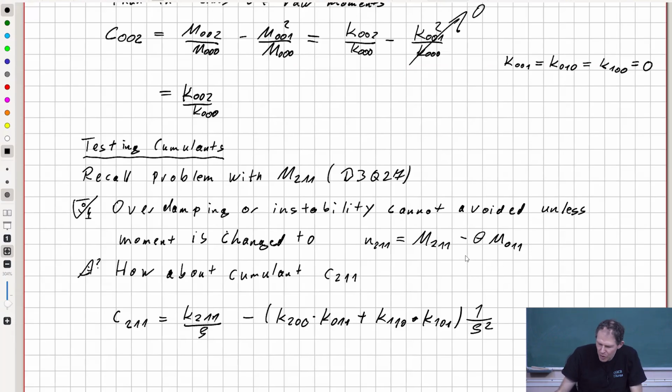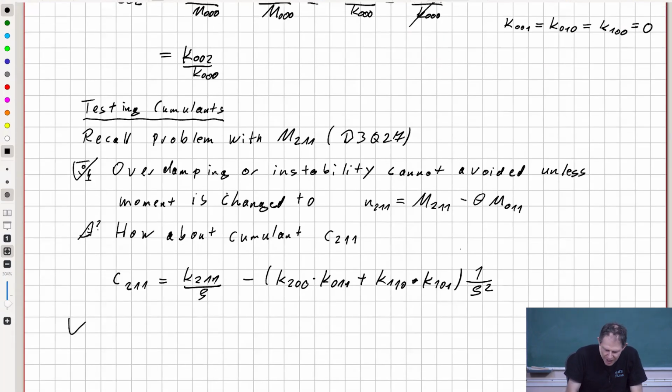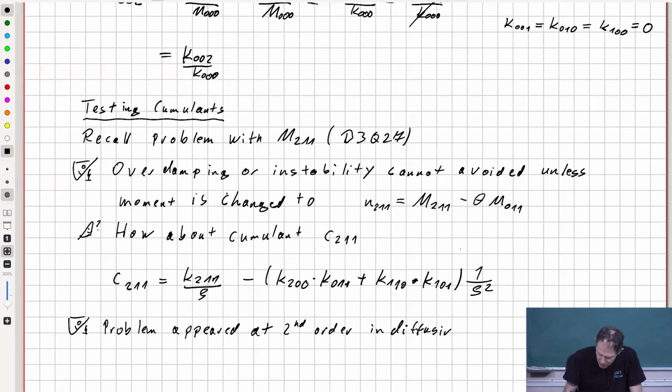using the following facts, namely that we only had to look at this at a particular order. So the problem appeared at second order in diffusive scaling. Okay, coming back to our nomenclature from the asymptotic analysis.